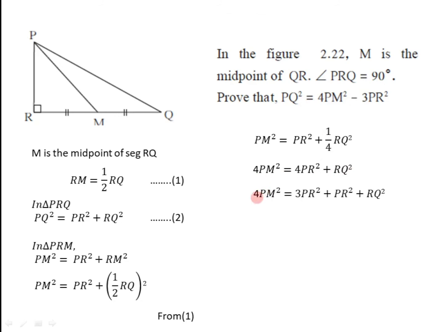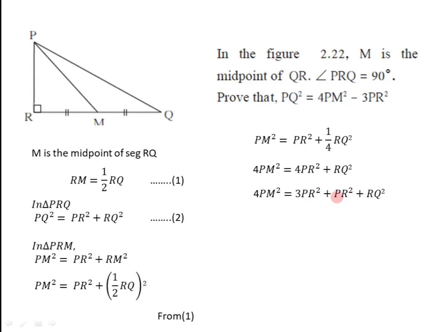So the next step we'll write 4 PM square the left hand side as it is. Now here we split 4 PR square as 3 PR square plus PR square, which is again 4 PR square. So this does not make any difference to the equation, plus the last term RQ square as it is. Now here as we can observe, PR square plus QR square is there, and we have proved in equation number 2 that PR square plus QR square is equal to PQ square.